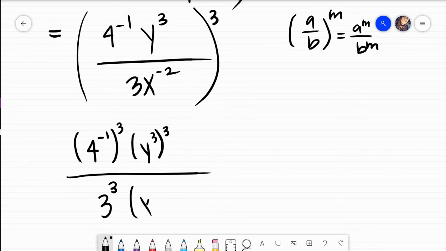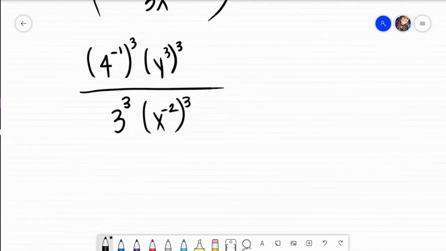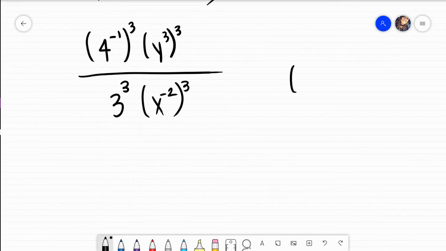Now I notice the rule that if you have something raised to a power and then raised to another power, you keep your base and multiply your powers. Power to a power, multiply your powers.